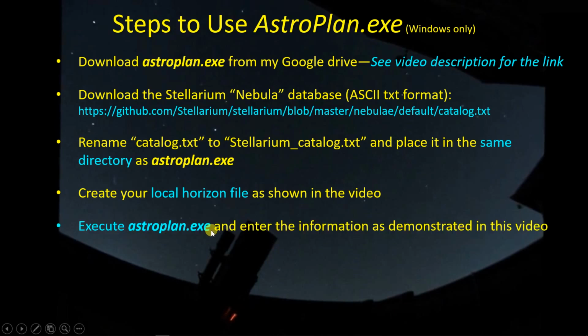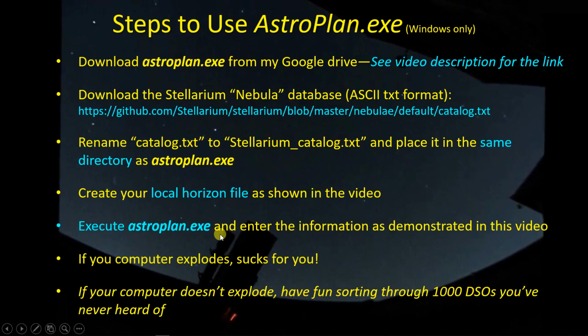Execute Astroplan.exe just as I showed you, by double-clicking on the icon, and enter the information as I was showing you how to do. If your computer doesn't explode, well, have fun sorting through the 1,000 DSOs that you've never heard of, because that takes a good bit of time.